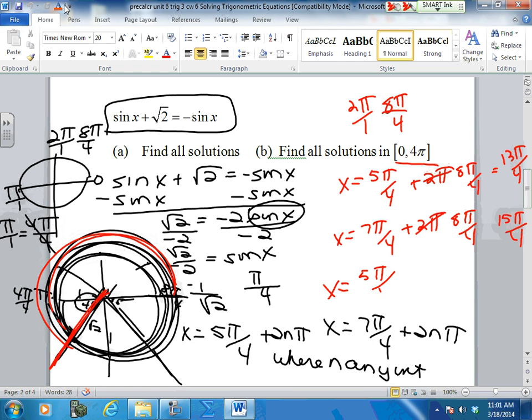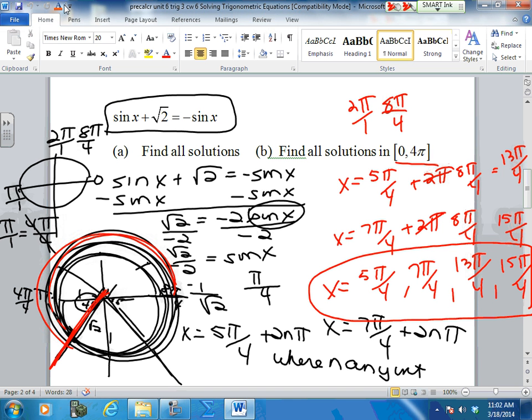So now I have 4 angles. This one and this one in my first circle of 2 pi. In my next circle of 2 pi, I have this one and this one. I have 4 angles in 4 pi, don't I? 2 in the first 2 pi, 2 in the second 2 pi. Agree?